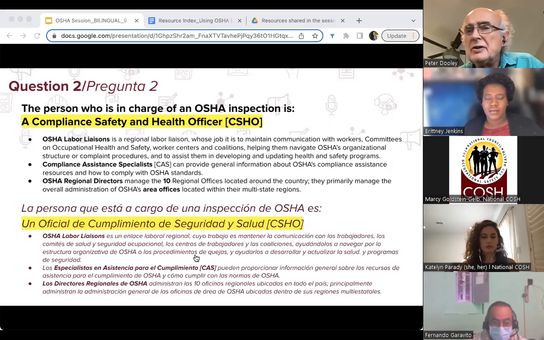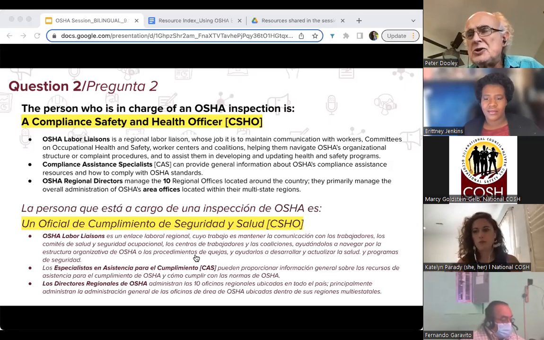But the other folks listed are really important to know. The OSHA labor liaisons are in every region, and they are there to be an advocate for workers and for how OSHA is connecting with them related to any kind of complaints, any kind of issues that come up.